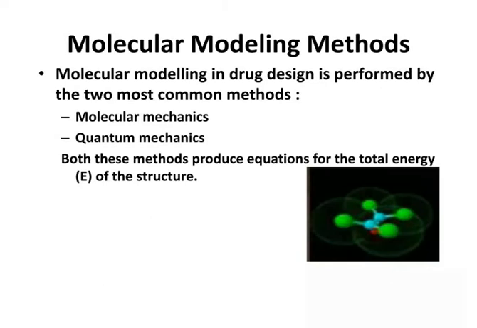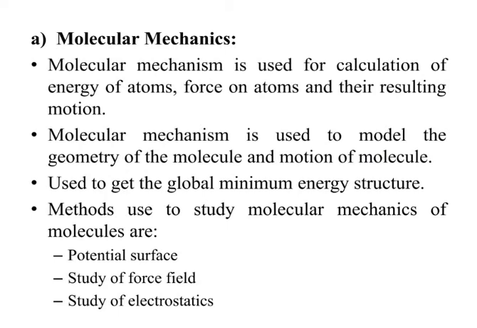Molecular modeling in drug design is performed by two common methods: molecular mechanics and quantum mechanics. Both these methods produce equations for the total energy of the structure. So let us learn some important terms about molecular mechanics.